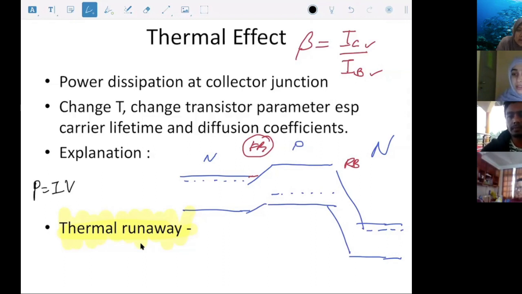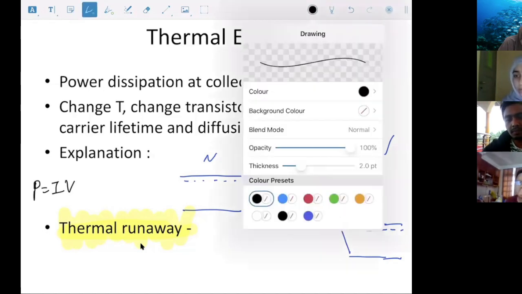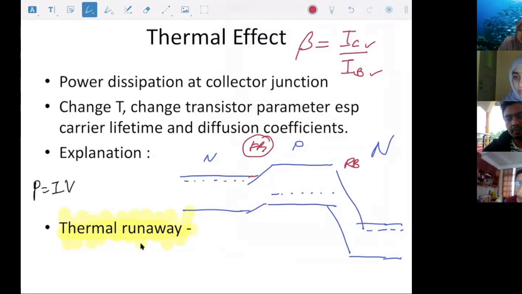Okay, carrier lifetime. This is very interesting. What is the carrier? The electrons and holes. Yes, correct. So the electrons and holes have a lifetime. Lifetime means lifespan.